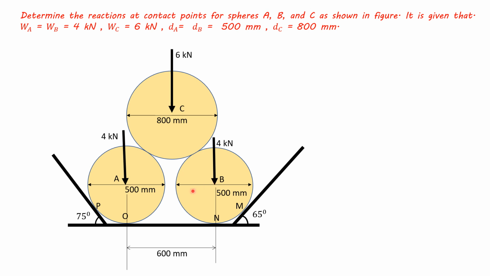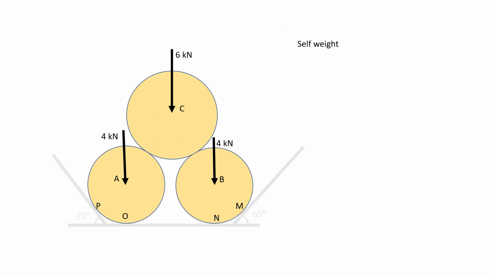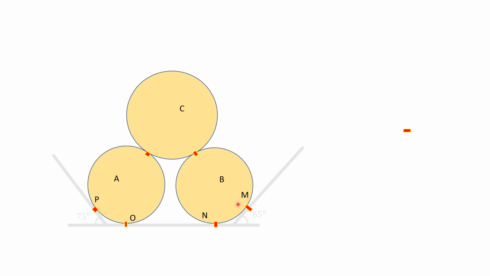We have to find out reactions at contact points P, Q, O, M and N, and this contact point, this contact point and this contact point. These are the self-weights and these are the contact points.